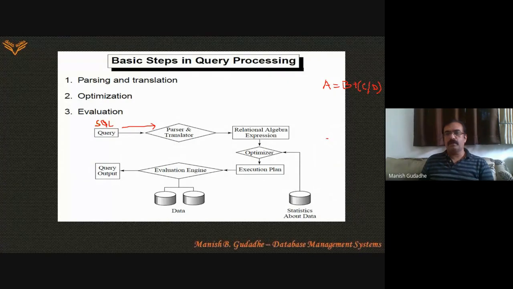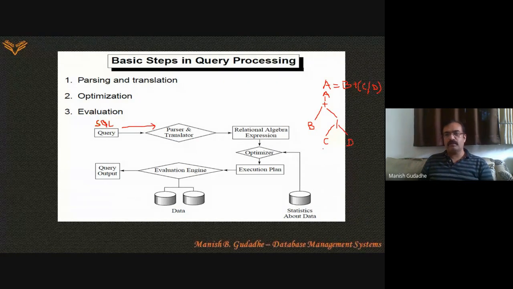C will be brought first. In parallel, D will also be brought. The division operation will be performed. At the same level, B will be fetched. The plus operation will be performed, and the result will be submitted to A. So this kind of tree will be formed.